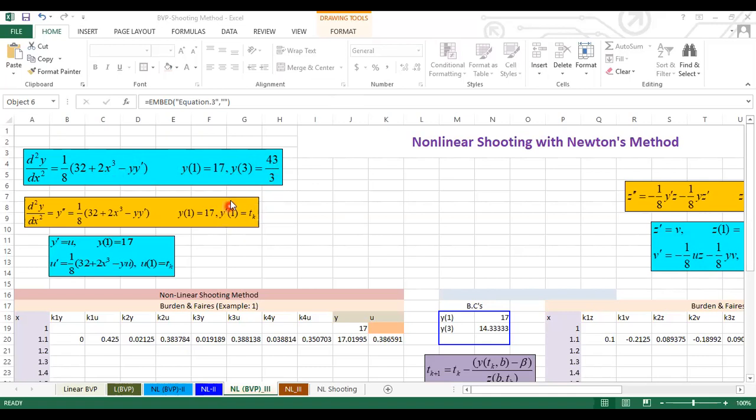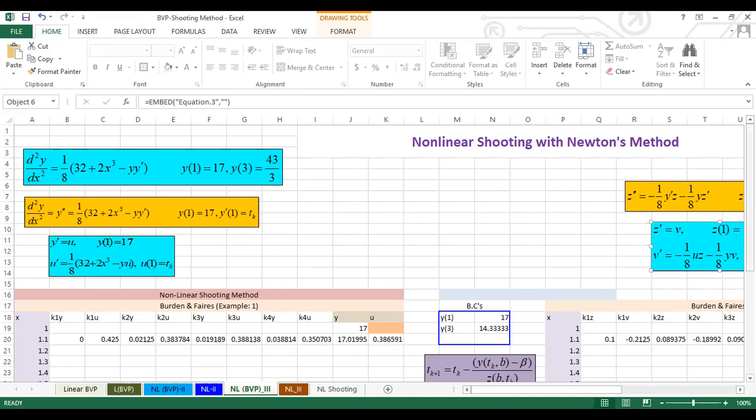We will solve an equivalent initial value problem for a guess value of the slope tk, and since it's a second order differential equation, we define it as a set of two first order ordinary differential equations.